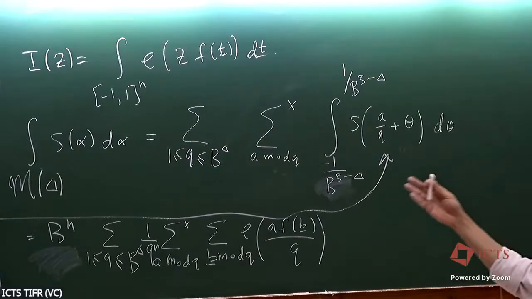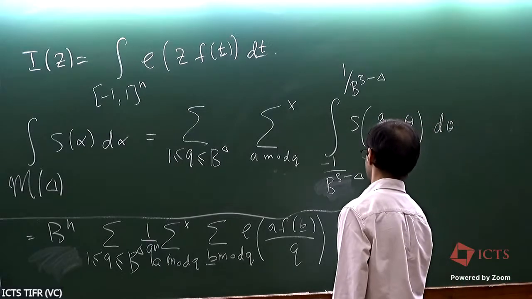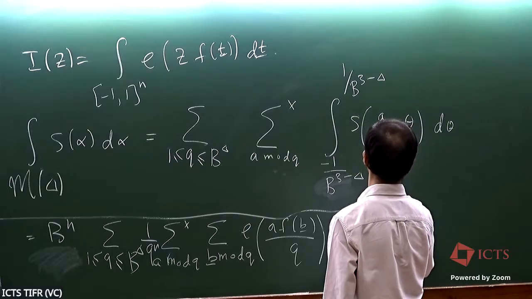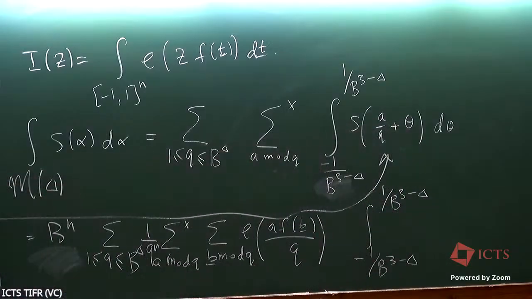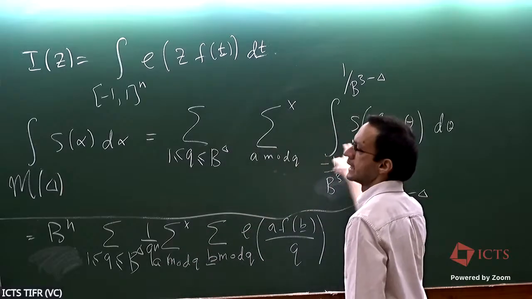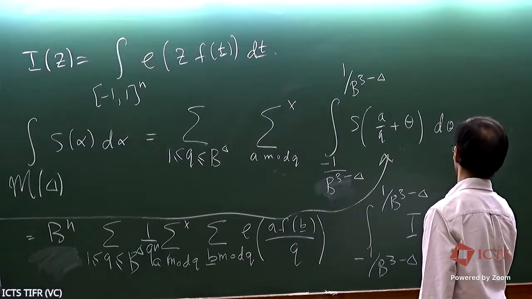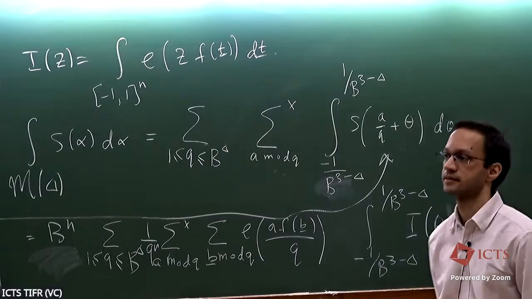And then you have, so this is independent of theta. We have an integral like this, minus 1 over B to the 3 minus delta to 1 over B to the 3 minus delta, because that is, oops, I made a mistake there again. No, we're fine. So that's the length of the major arc, right? So it is around this over here. And then you have I theta B cubed, d theta.